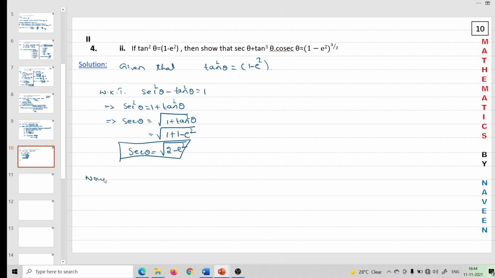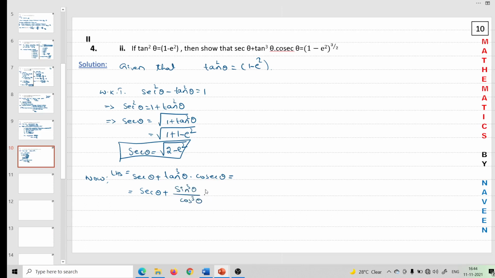Now I am finding the LHS, secant theta plus tan cube theta into cosecant theta. See, what is secant theta? I am writing it as it is first. Secant theta plus tan cube theta is nothing but sin cube theta by cos cube theta.